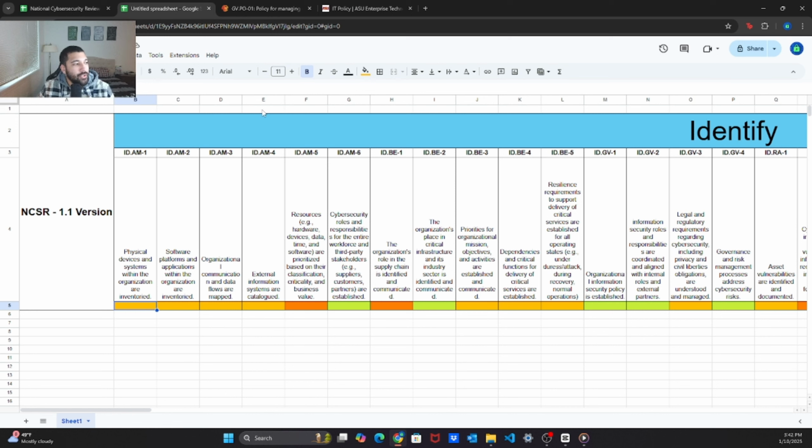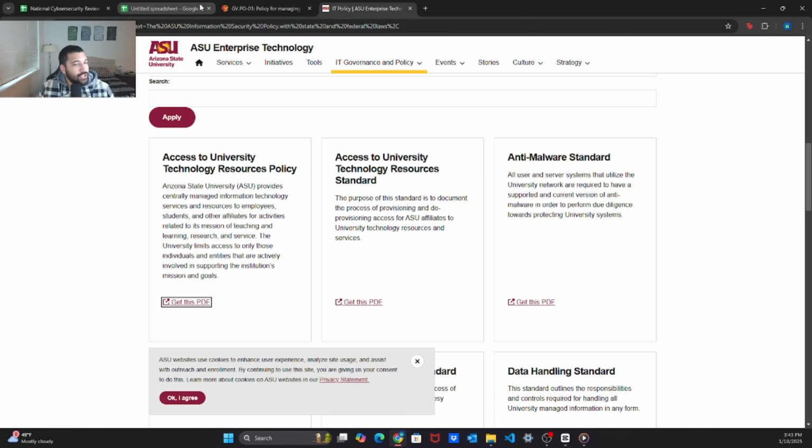So breaking down the actual process of determining a maturity level for at least this subcategory, what we're going to do is this. The organization we chose, at least what I chose, is ASU. I'm going to go to their website, and I Googled ASU IT security policies.